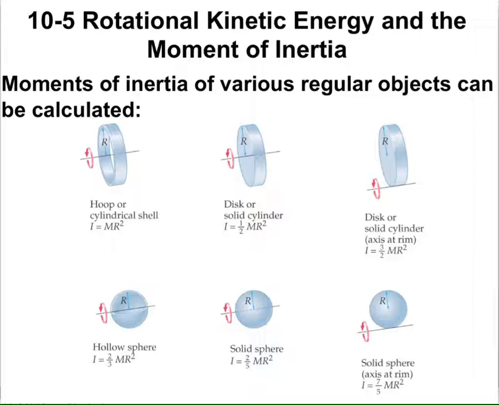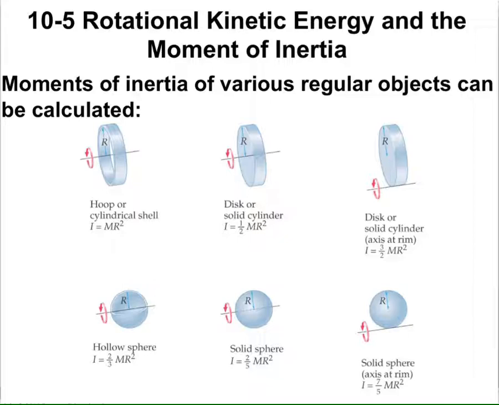That means if you rotate this disk around an axis which passes through its center, then its rotational kinetic energy will be equal to 1/2 times 1/2 mr square times omega square. Omega is the angular speed of the rotation.